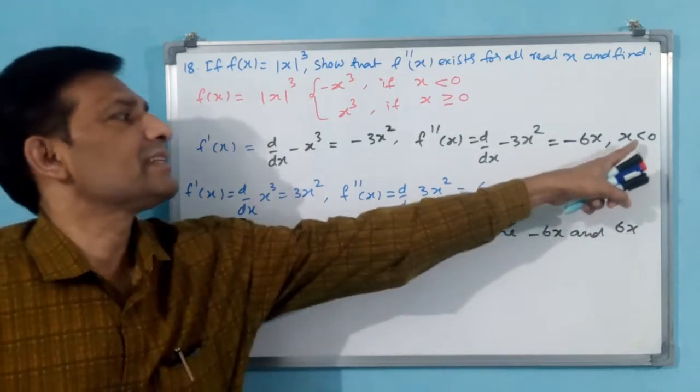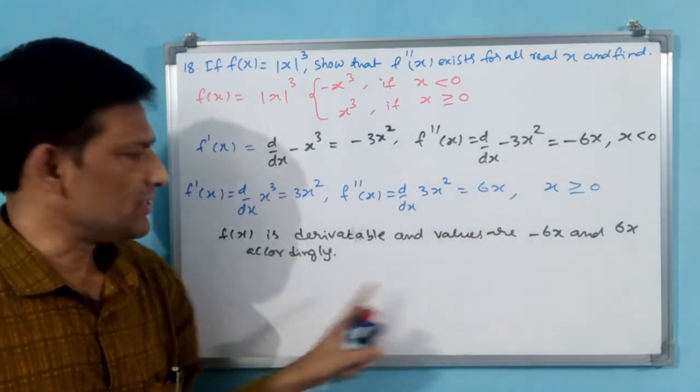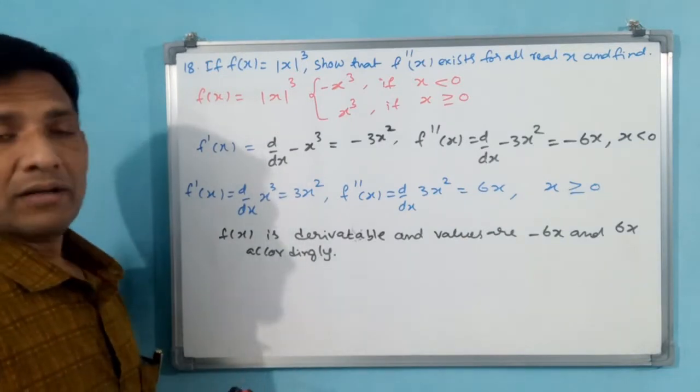See, minus 6x when x is less than 0, plus 6x when x is greater than 0 accordingly. Okay. Let us go for the 19th question.